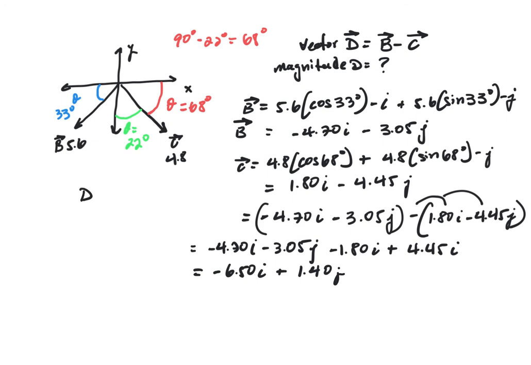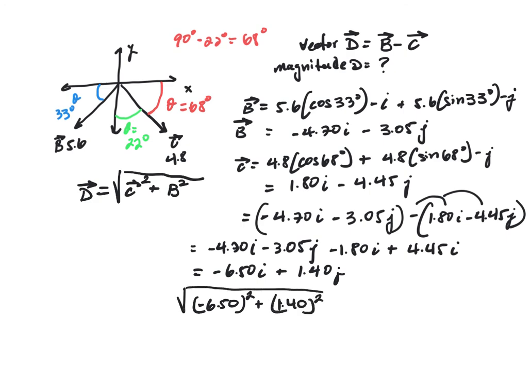So now to find the magnitude, we're gonna take the square root of the x squared plus the y squared. So we're gonna do 6.5 squared plus 1.40 squared. So the total for D comes out to 6.6.